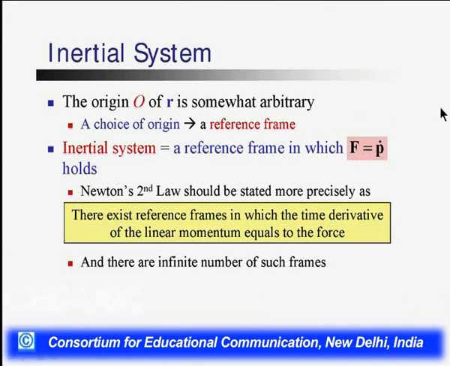It means it obeys Newton's second law. Newton's second law should be stated more precisely: there exist reference frames in which the time derivative of the linear momentum is equal to the force.